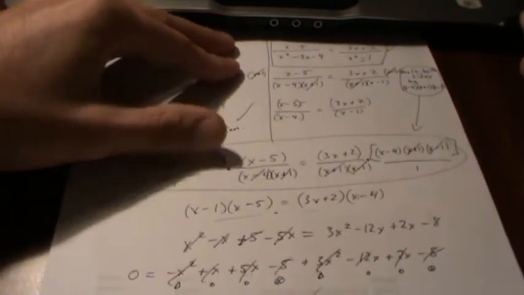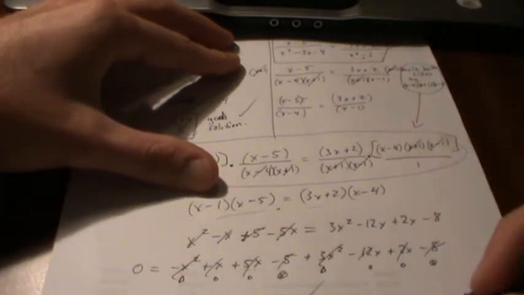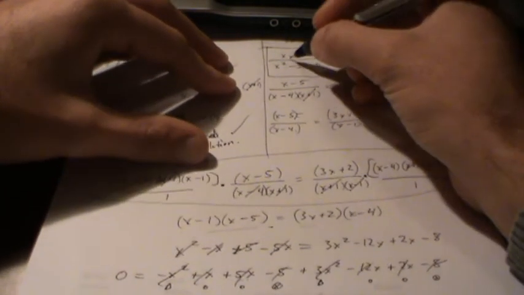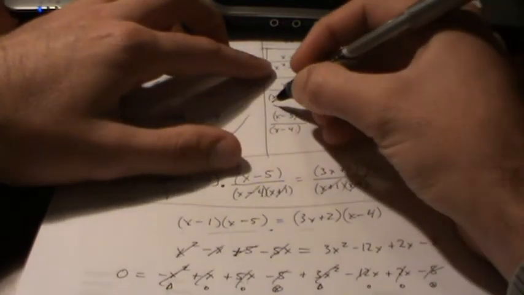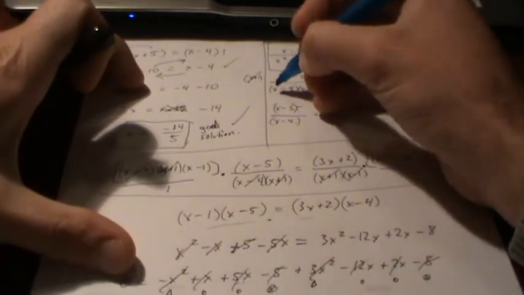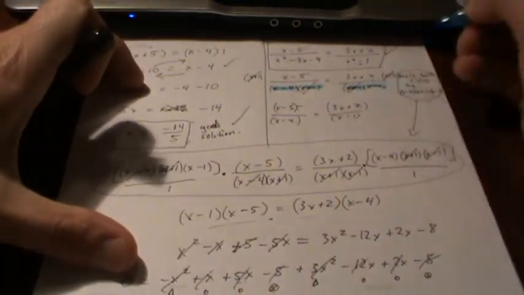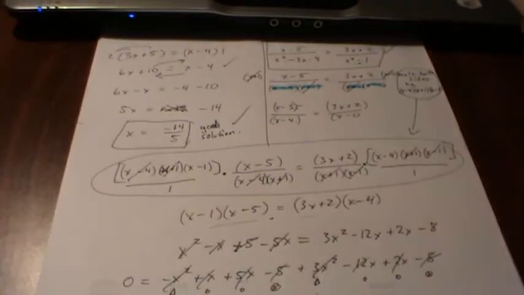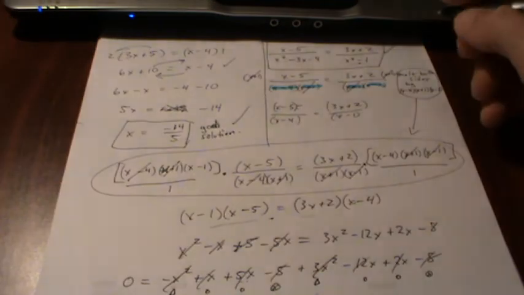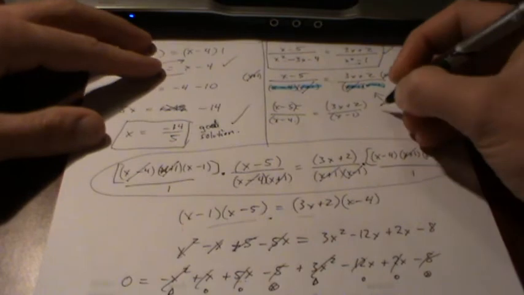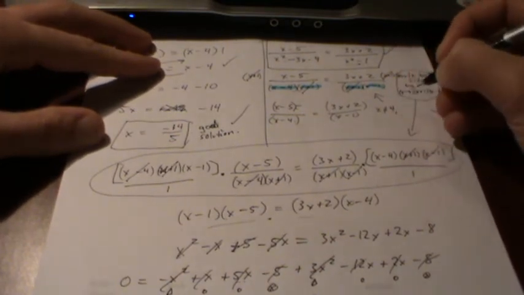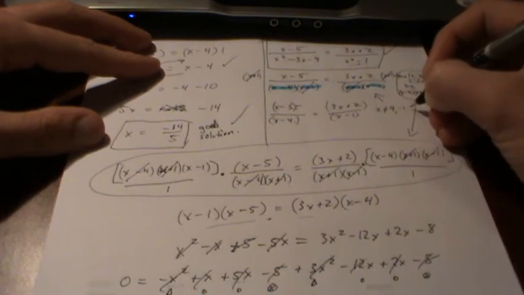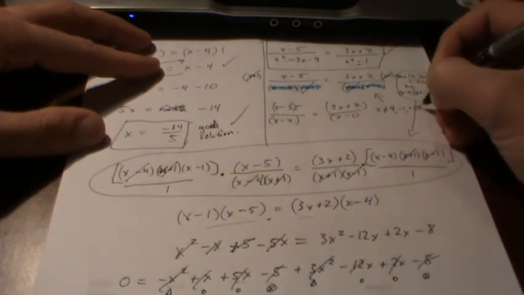Okay? And so what I want to now do is check to see if these numbers are any of these denominators. So I want to look at my original denominators. My original denominators are here. So basically what this means is if I look at these denominators, x cannot equal 4, negative 1, or positive 1.